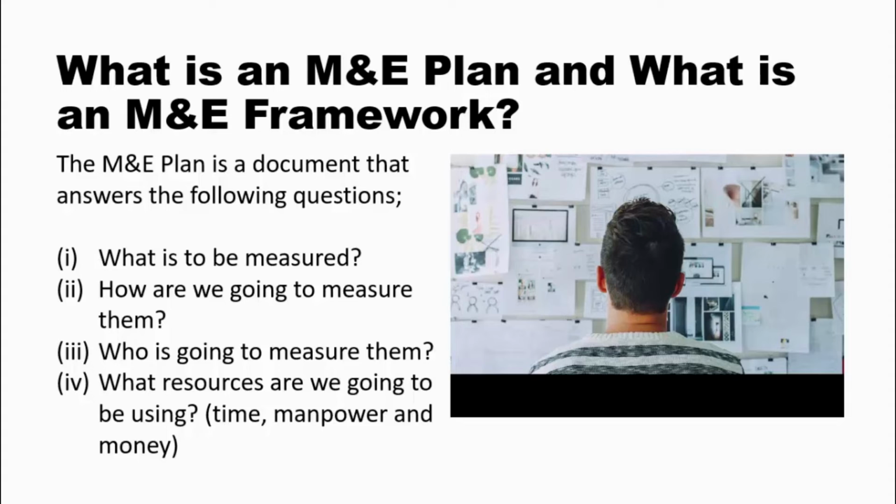So now the plan, let me just go through this again. The M&E plan explains what is to be measured, how we are going to measure them, who is going to measure them, and what resources we are going to be using.